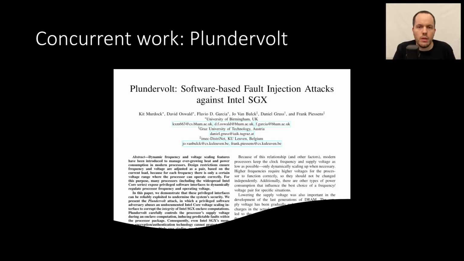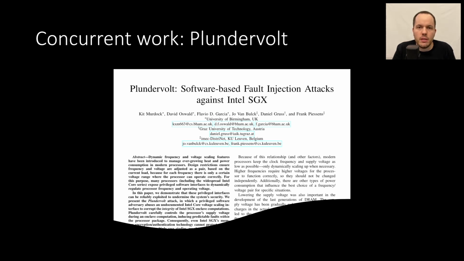Concurrently to our work, a different team worked on a similar project that was eventually published under the name Plundervolt. Plundervolt also targets SGX enclaves by undervolting the processor. However, there is a number of differences between our work and theirs. First and foremost, we focus on vector instructions, while Plundervolt focuses on integer multiplication and AES instructions.